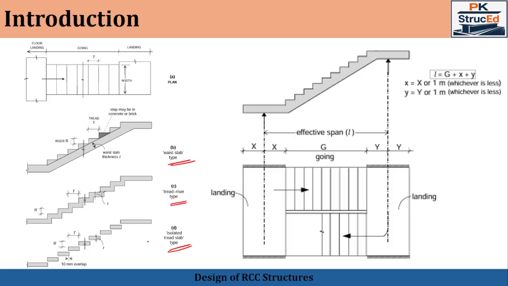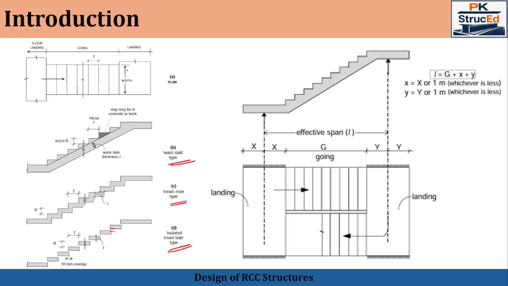The third one is the isolated thread slab type, in which there won't be any riser in the form of RCC. There will be a gap provided between each step. So these are the three major classifications.